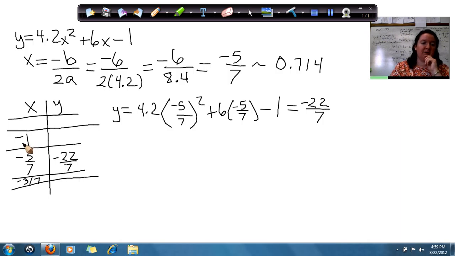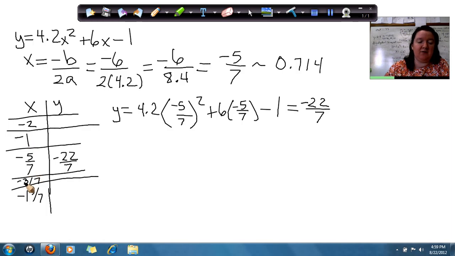So here I'm going to go from a negative 1 to a negative 2. And then this negative 3 over 7, I'm going to subtract 1 from it, so that's going to give me a negative 1 and 3/7. I still picked things that were evenly separated, but got me into some nicer numbers that I can calculate without so much work. So I subtracted 2 over 7 to get to a negative 1.